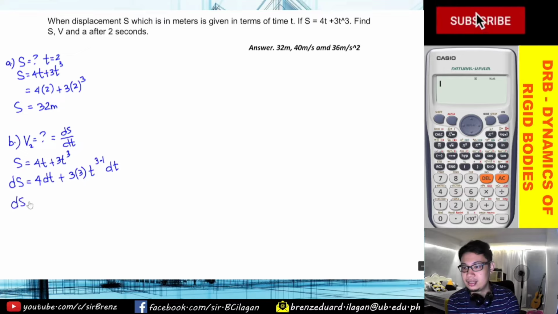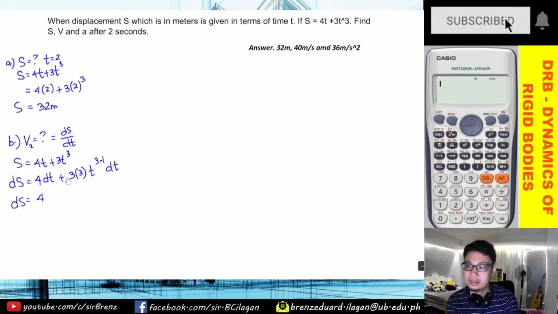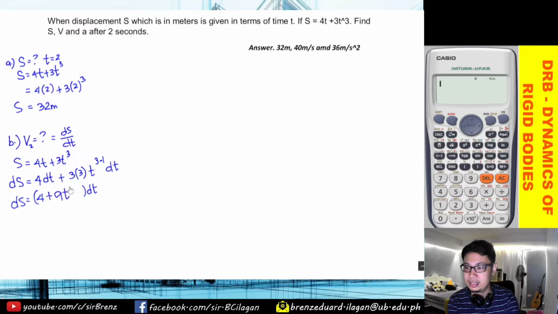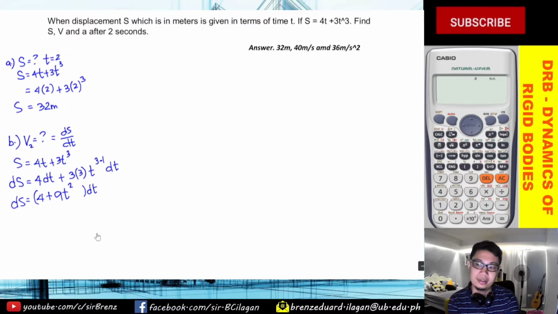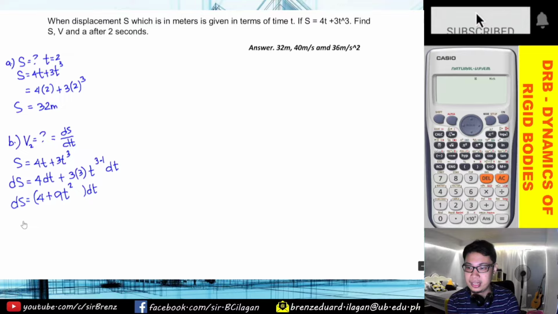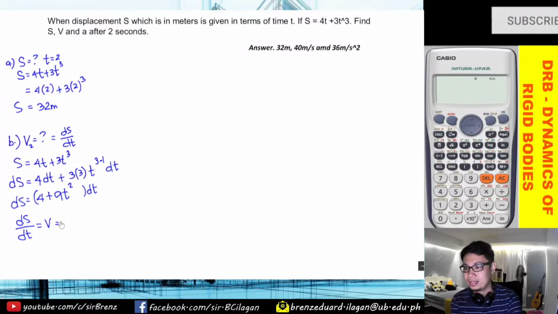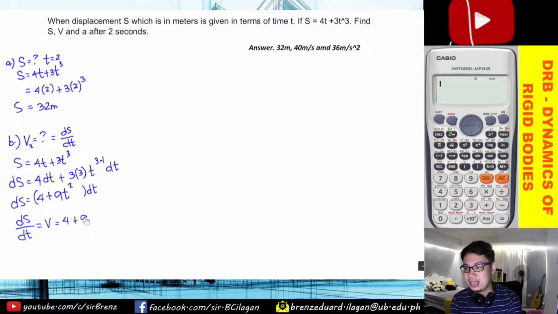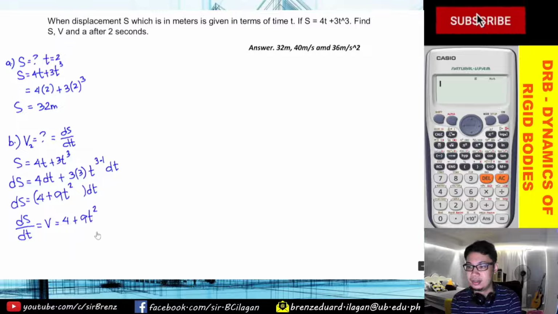So ds is equals to 4, simplify lang natin. I-factor out ko na yung dt, plus 9t squared. Then i-transpose mo lang sa kabila, so magiging ds all over dt na siya. Velocity na yan, or that is equals to 4 plus 9t squared.